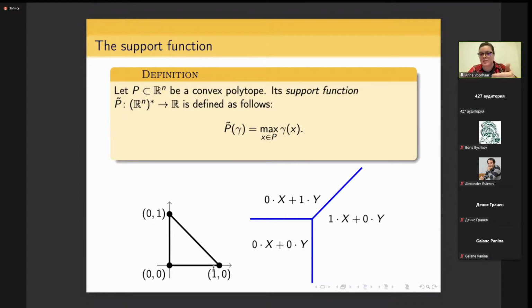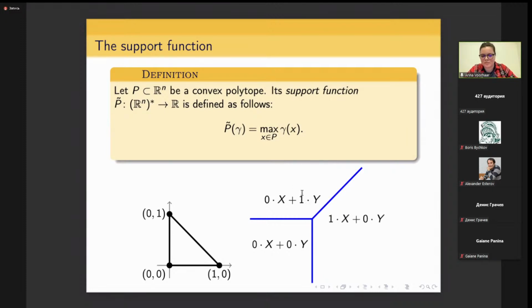To find that value, you have to pair your covector with the corresponding vertex. So you get a linear expression 1 times x plus 0 times y for covectors pointing in this direction.